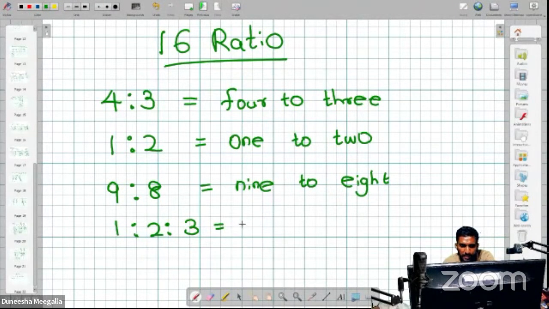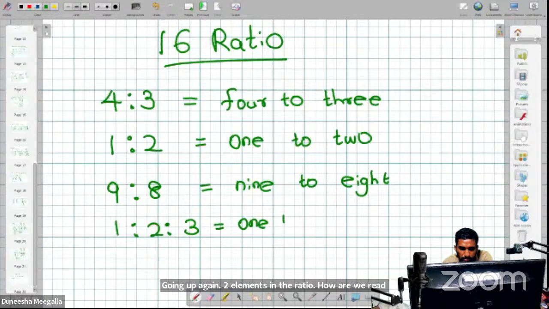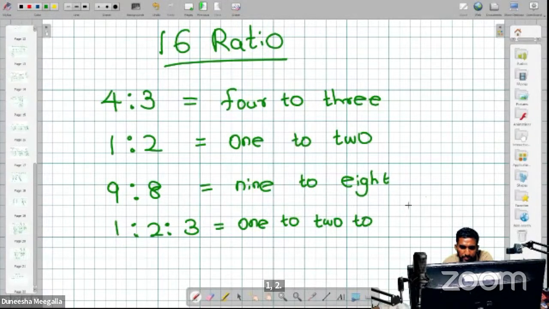If there are two elements in a ratio, how we read? 1 to 2 to 3.